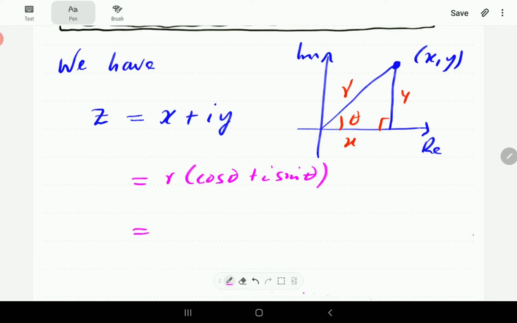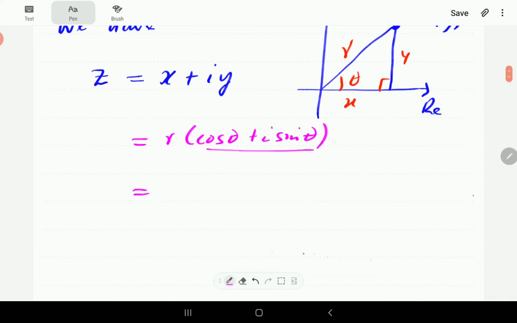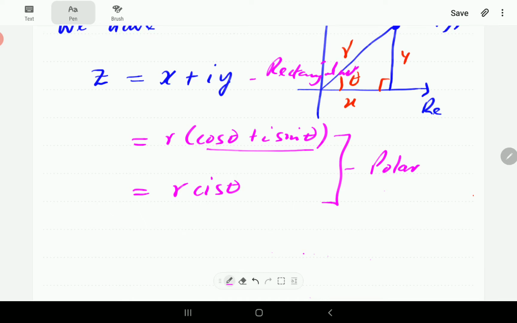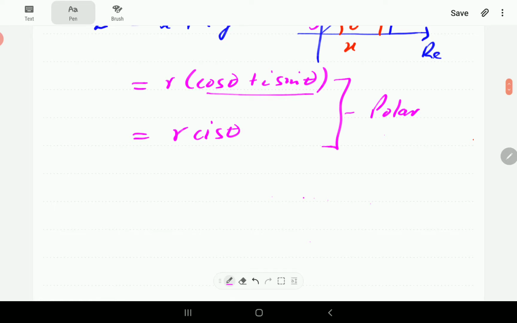We said this bit can be abbreviated cis theta, and this is called the polar form of the complex number. This one is the rectangular form. Okay, so that's what we've covered so far.